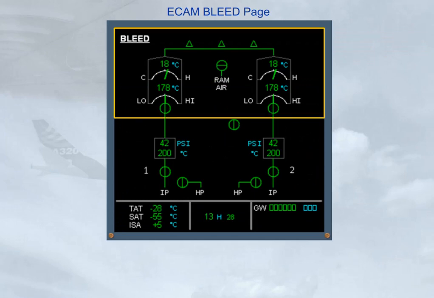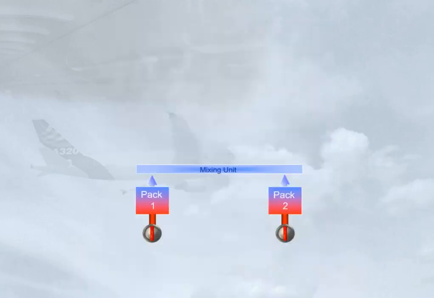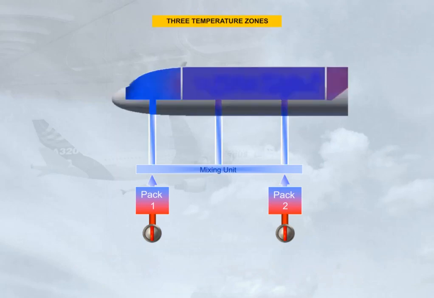Having discussed the air conditioning packs, we will now look at how temperature and flow regulation is achieved throughout the aircraft. The 3 outputs from the mixing unit feed 3 separate aircraft zones: cockpit, forward cabin, and aft cabin.